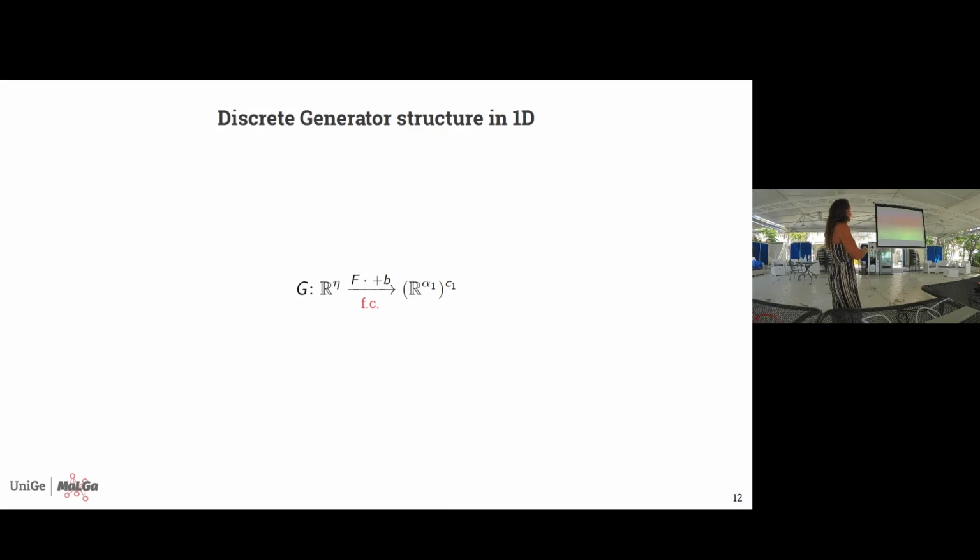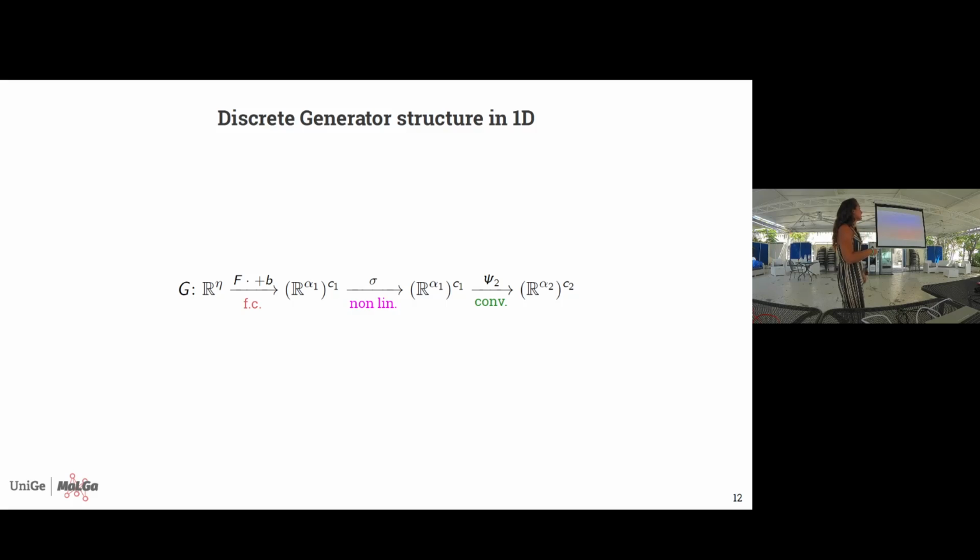Then I want to recall the structure in the discrete analysis. The generator has first a fully connected layer that is composed of this matrix F and the bias. Then we have the nonlinearity, which is pointwise, so it acts component-wise. And then we have all the convolutional layers, where, as I said before, the number of channels, so the number of images in this case, decreases.